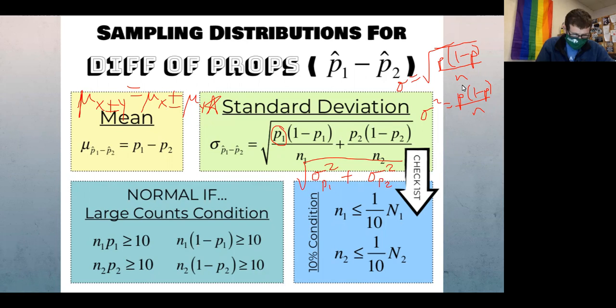So in this case, since I'm subtracting, I'm going to subtract the means. The mean of a sampling distribution of p hat sub 1 is going to be the same as a population proportion. So what we eventually get to is we just take p sub 1 minus p sub 2. We subtract those, and that gives us the mean of the sampling distribution.